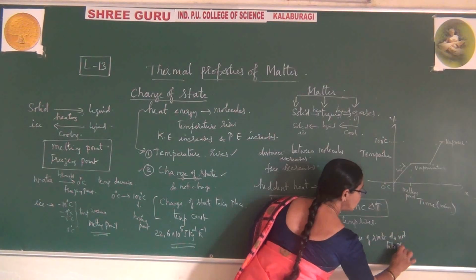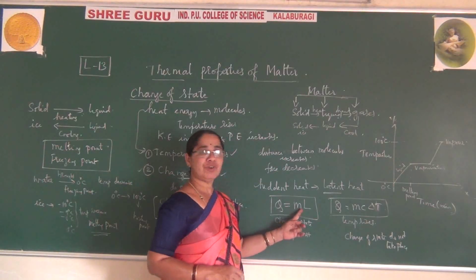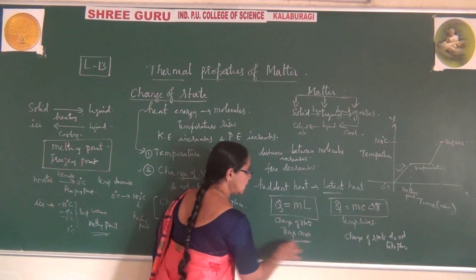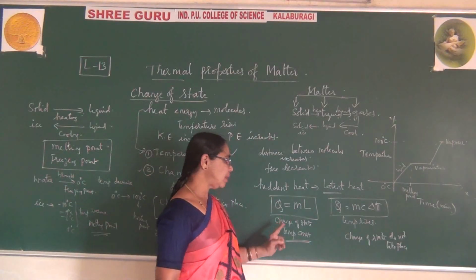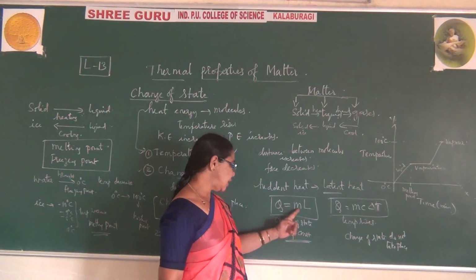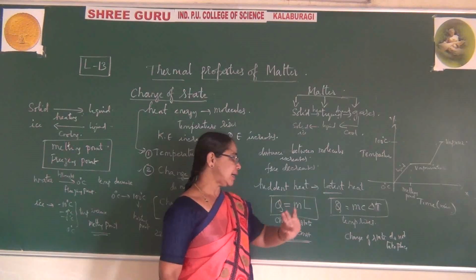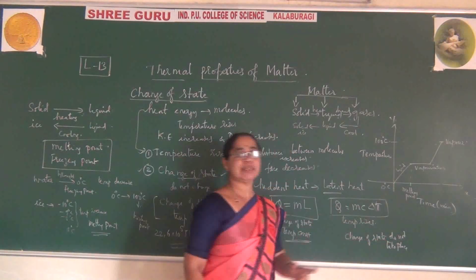Please observe. But when you use Q is equal to ML, a change of state takes place, but the temperature remains constant. So when solving problems, remember Q is equal to ML means change of state takes place. Q is equal to MC delta T means the temperature rises, and no change of state takes place.